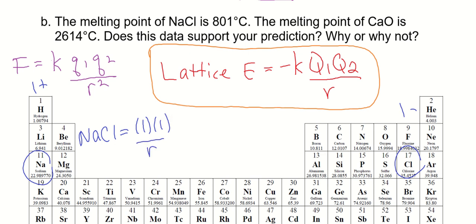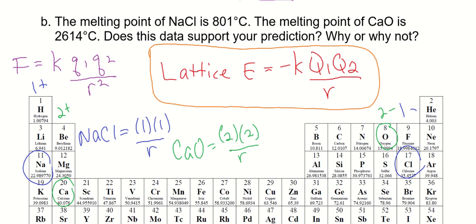Now we're going to compare that to the lattice energy of calcium oxide. Calcium is a 2 positive cation, and the oxide anion has a 2 negative charge. So the product there is 2 times 2 over r.